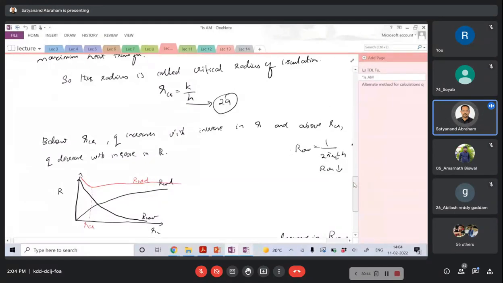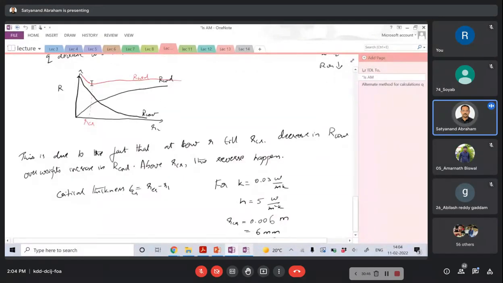Because of this contradicting behavior, there is going to be a particular radius at which the total resistance is going to be the lowest. So that radius of insulation is the radius at which the heat transfer is going to be maximum.